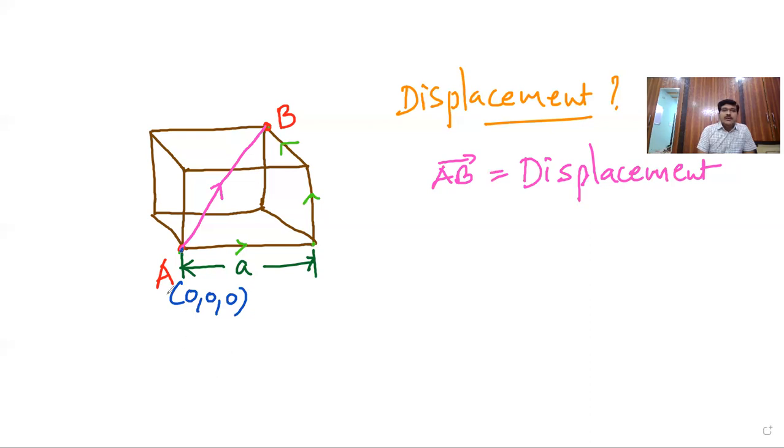A, the initial point, is the origin. Clear? Now this is the x-axis, the positive x-axis, extending in dotted lines.